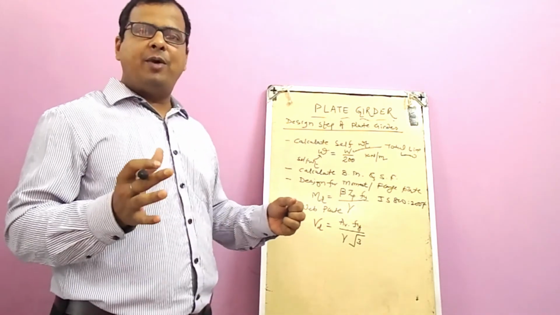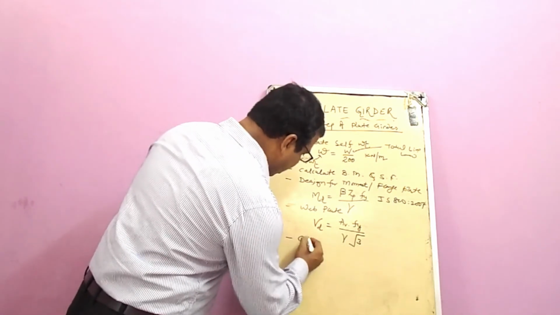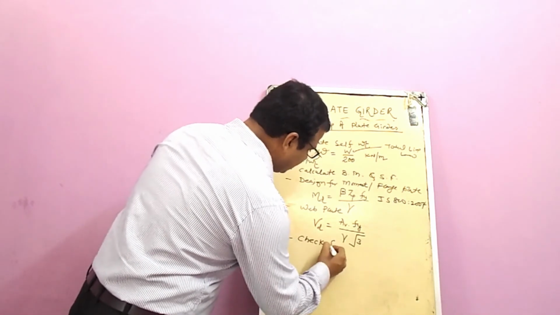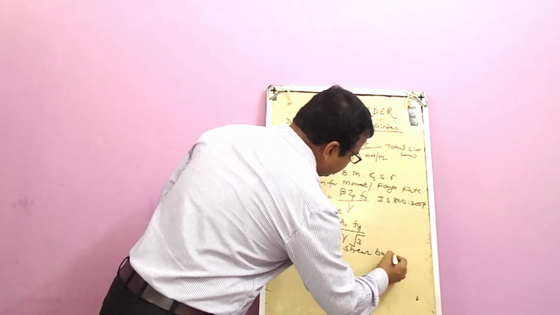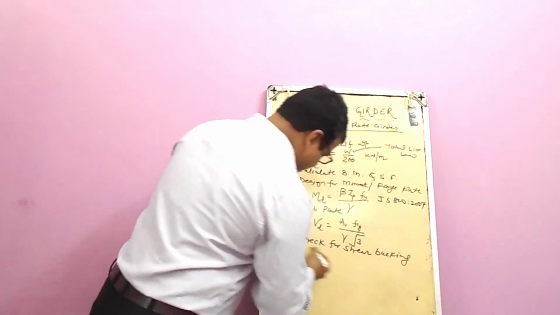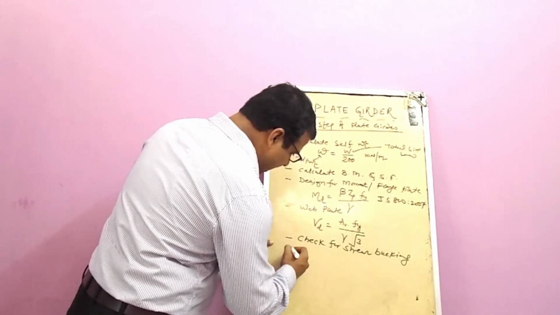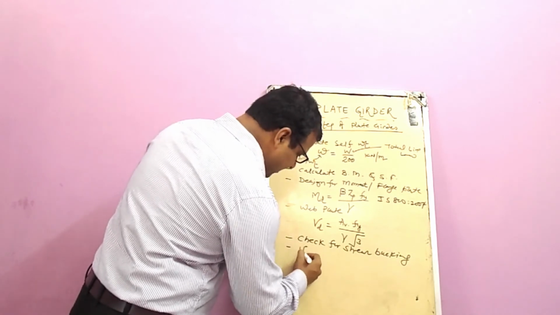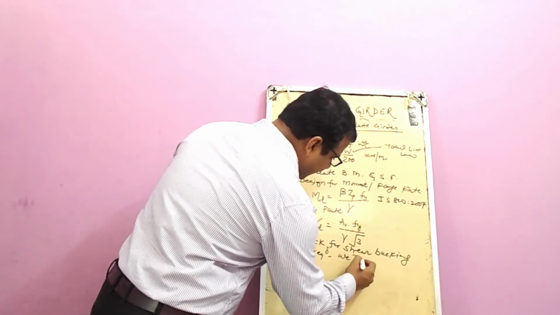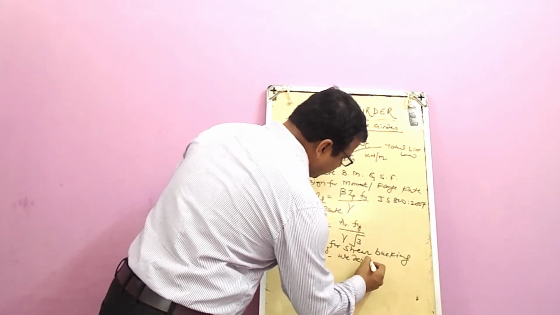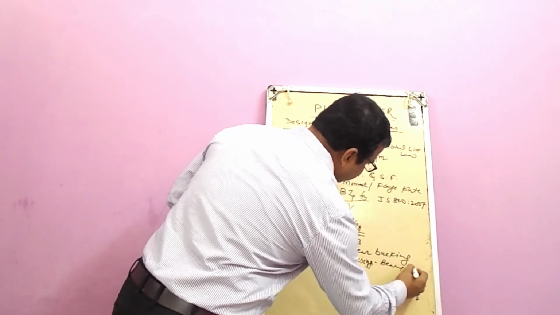will design the web plate. In the next step we will check for shear buckling, again by using IS 800. Then if required we design bearing stiffeners.